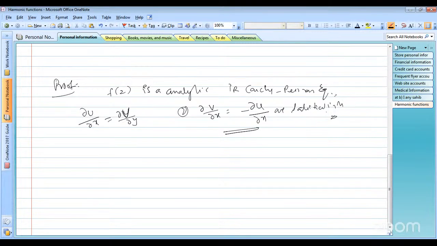We differentiate both sides with respect to x and with respect to y.